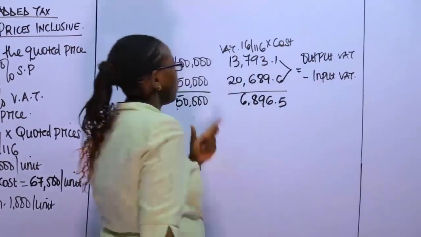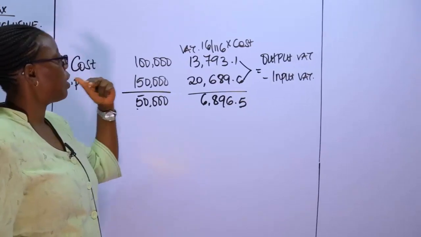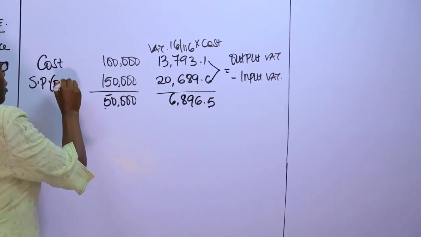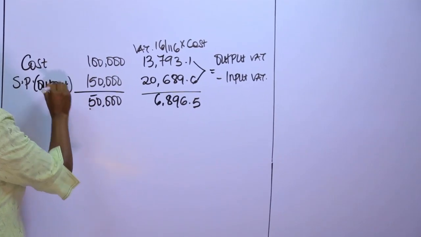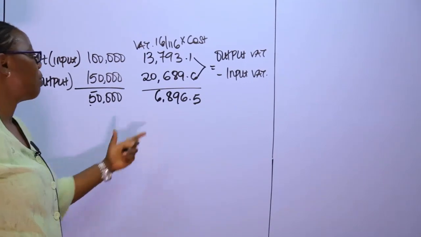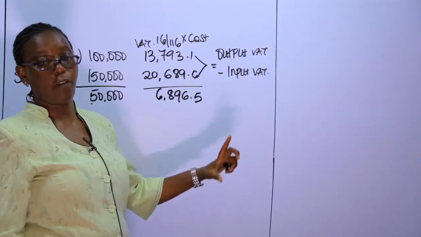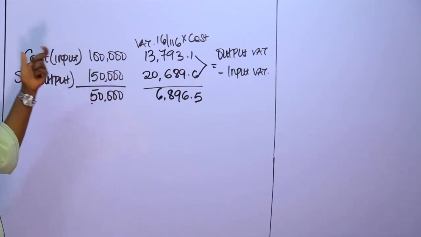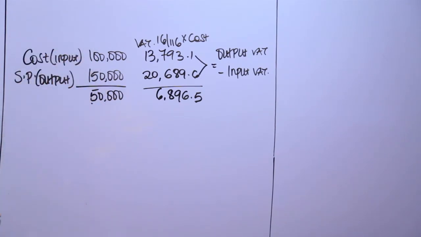So output VAT is 20, input VAT is 13. So you take that, this is output, this is input. So you get the same 6896.5 because the value that we are taking 16 over 116 of is the value that they have added.